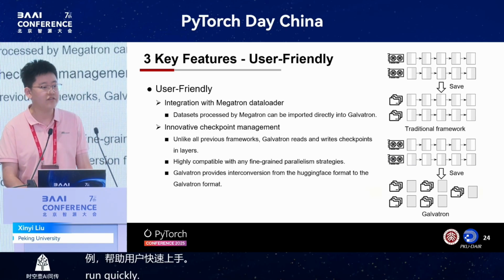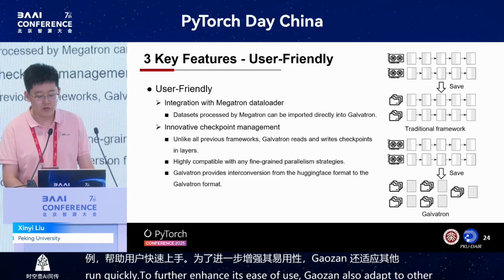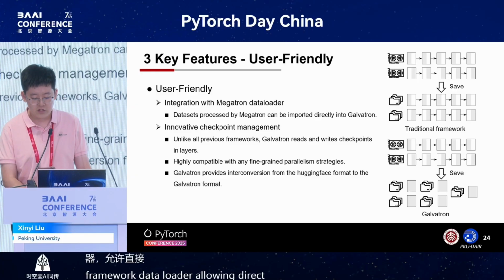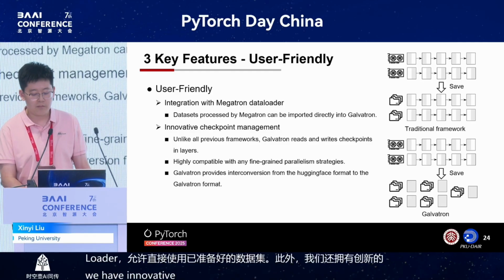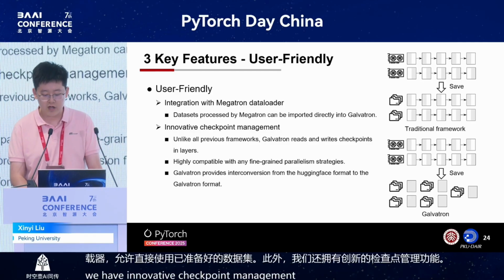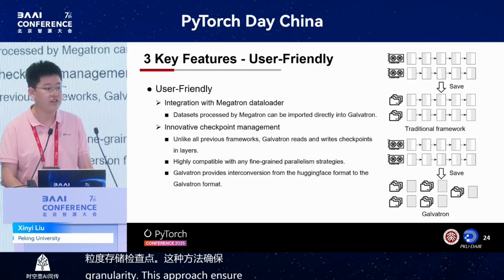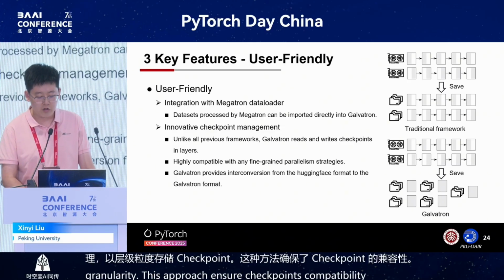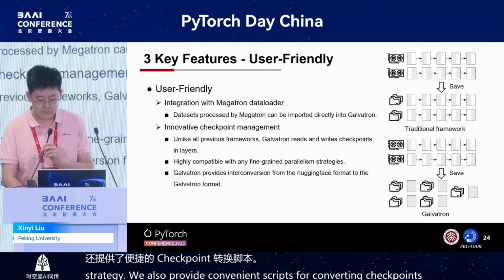To further enhance its ease of use, Galvatron also adapts to other frameworks' data loaders, allowing direct use of prepared datasets. Additionally, we have innovated checkpoint management by storing checkpoints at layer granularity. This approach ensures checkpoint compatibility with any parallel strategy. We also provide convenient scripts for converting checkpoints to and from Hugging Face formats.